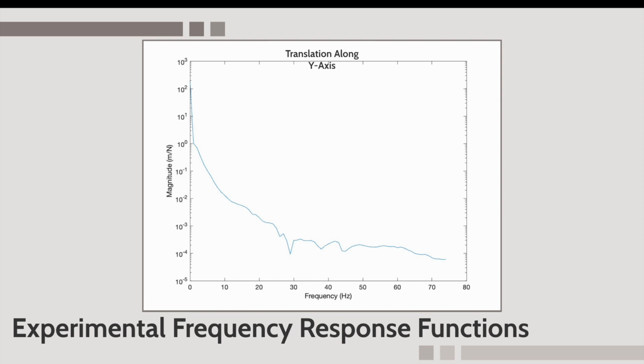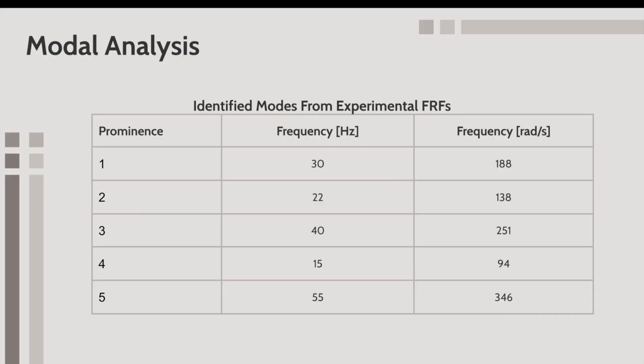By analyzing the frequencies at which peaks in the FRFs occurred, the natural frequencies of the printer base were approximated. The 5 modes of the multi-degree of freedom system were found to be at 30 Hz, 22 Hz, 40 Hz, 15 Hz, and 55 Hz, listed in order of prominence.